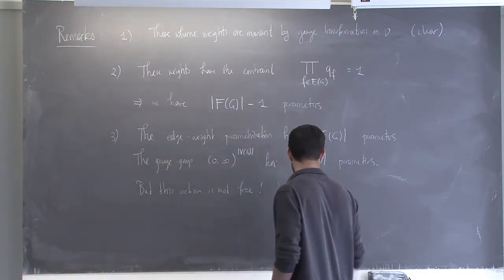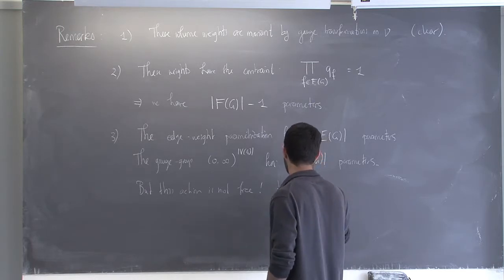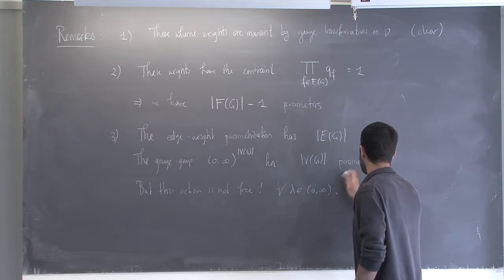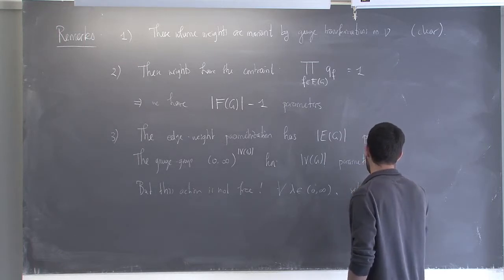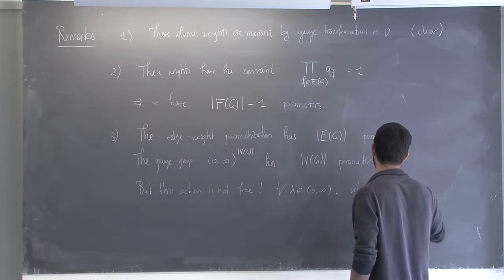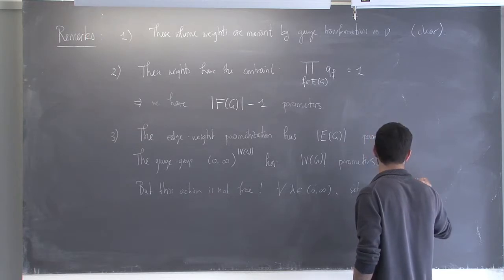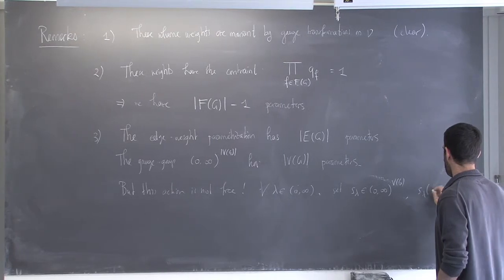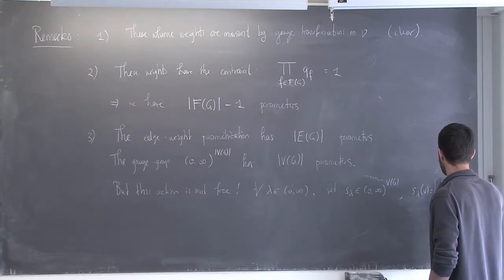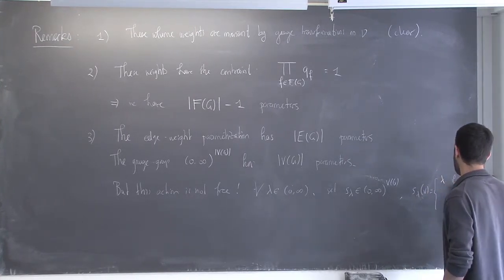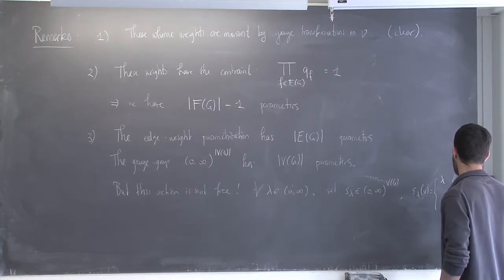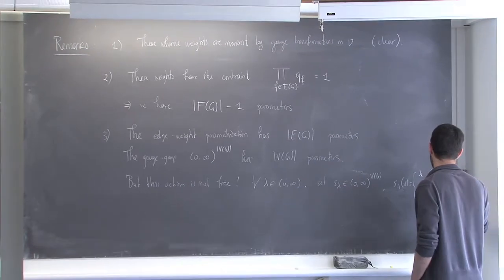For any lambda in infinity set, so S lambda of V is equal to lambda if V is, let's say, white, and lambda inverse if V is black.